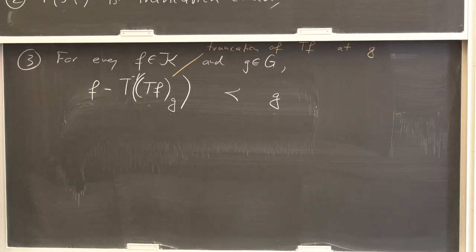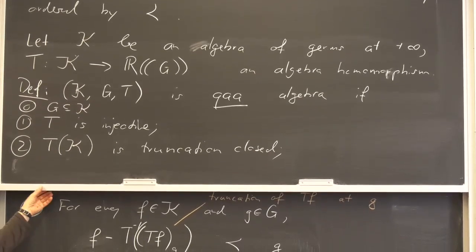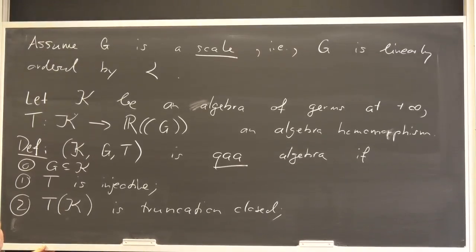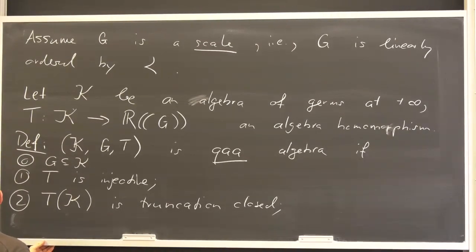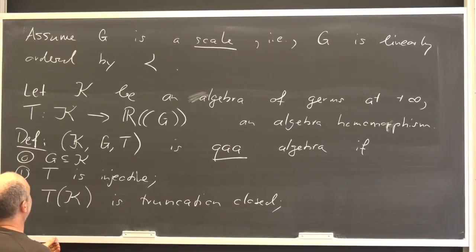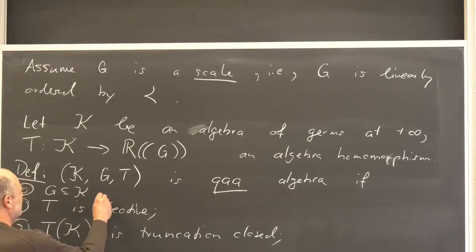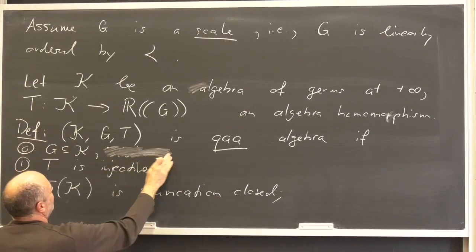Sorry, Patrick, I can't quite see what you wrote on the screen. Is it not that you want G to be in T of K, and then you need the inverse, T minus 1 of G, to be in K? Well, G can be in both, it depends.